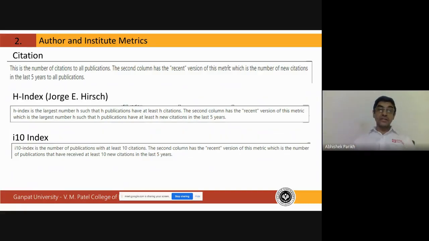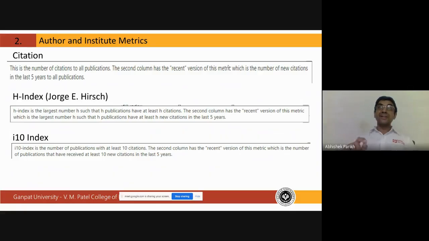If your 10 articles have 10 citations, then only your H index will be 10. But in i10, even if one of my articles has more than 10 citations, automatically my i10 index is 1. If I have two publications with more than 10 citations, my i10 index is 2. If I have 15 articles with more than 10, then it is 15. But not necessarily that my 15 articles have more than 15 citations here.